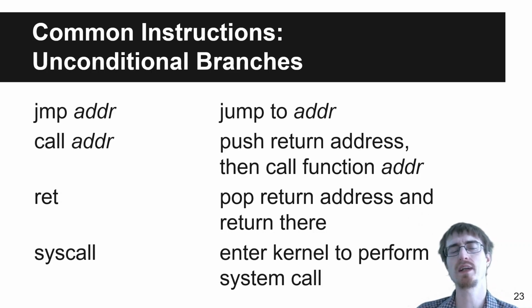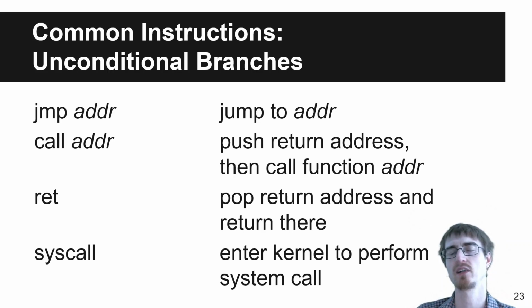So now we get to branches. So I use the term branch to refer to a branch in the control flow graph. Right? So a place where the control flow graph basically splits off. So these unconditional branches will always go to the same place, whereas we'll later discuss some conditional branches that may or may not perform a jump.